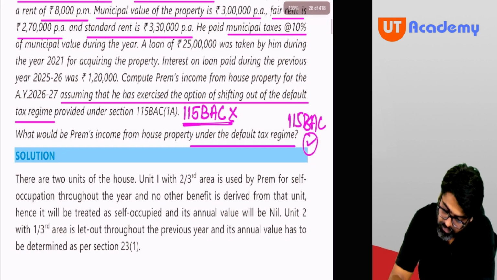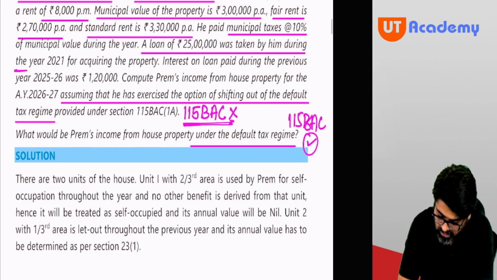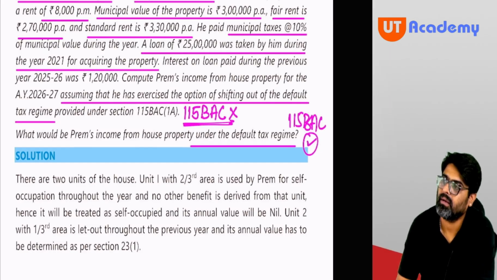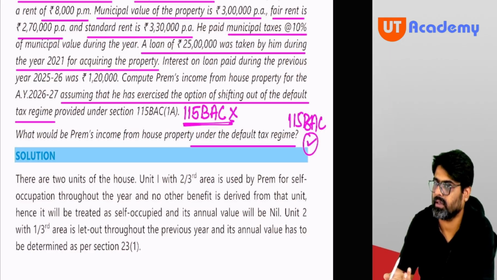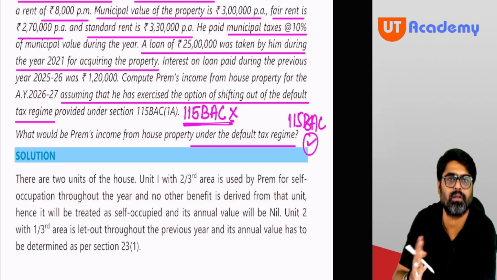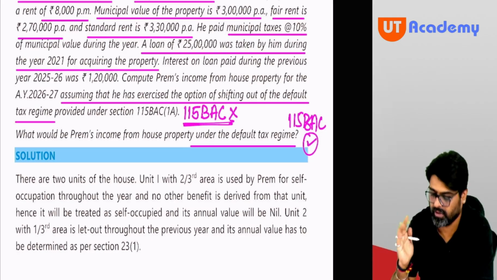Next one. A loan of rupees 25 lakhs was taken by him during the year 2021 for acquiring the property. When was the loan taken? 2021. For what? Purchase or construction. And not mentioning anything means the purchase would have been done immediately, not taking more than 5 years. Yes or no?